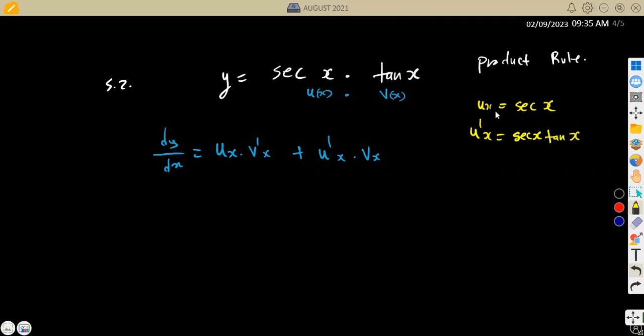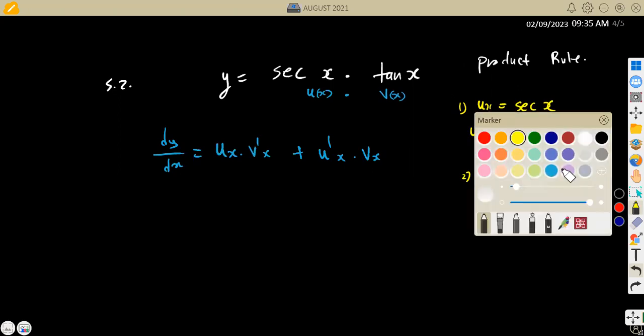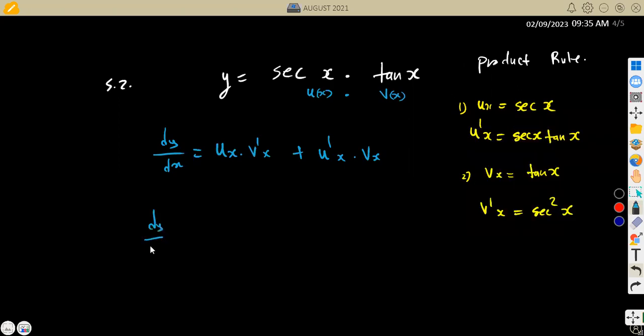We move on to the second one, that's v of x, which is tan x. So what is the derivative with respect to x for tan? Remember that tan gives us sec squared x. So these are the derivatives that we got. So we just have to substitute into the formula, so that our dy dx is going to be u of x, which in this case is sec x, okay?